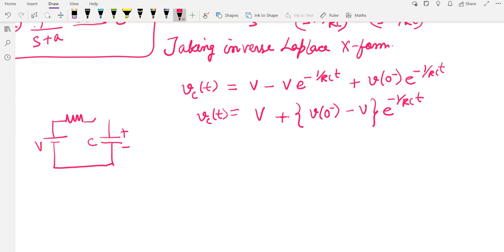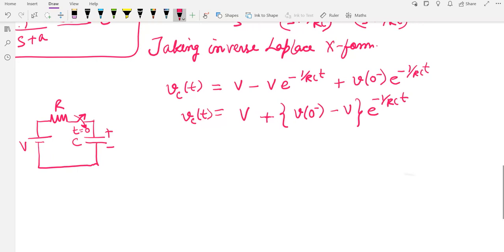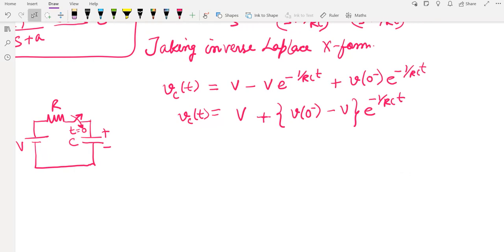Suppose we take a switch S. As soon as the switch S is closed at t equal to 0, the capacitor C will start storing the energy, and soon its voltage will start rising. After a certain amount of time, the capacitor's voltage will reach the level of the input voltage source V. Therefore the current through the circuit will become 0. So this is indicated by the circuit.